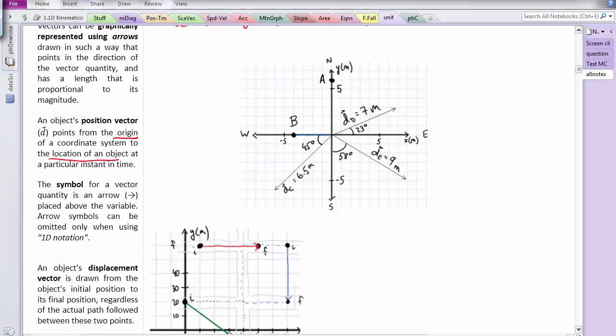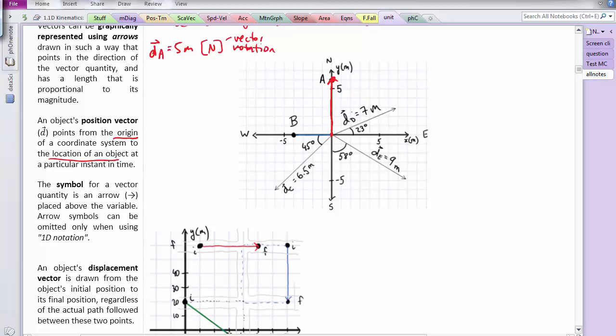Let's look at this point A first. The position vector would go from the origin all the way up to that point. The way we would write this is d position A, with a little vector sign on top, which tells us that this is a vector, is equal to 5 meters, square brackets, north. This here is the vector notation.